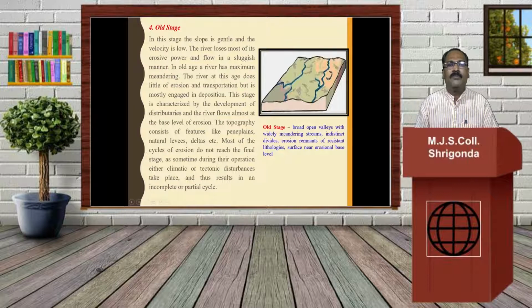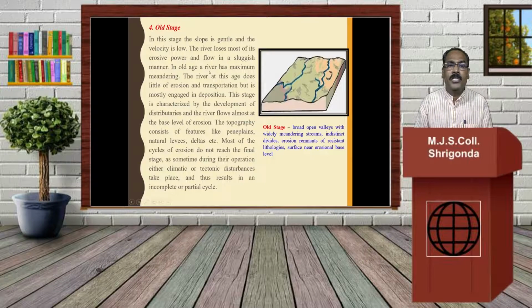The slope is gentle and the velocity is low. The river loses most of its erosive power because the water flows slowly, in a sluggish manner.